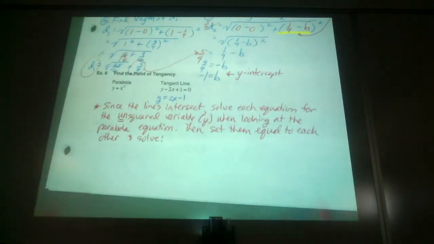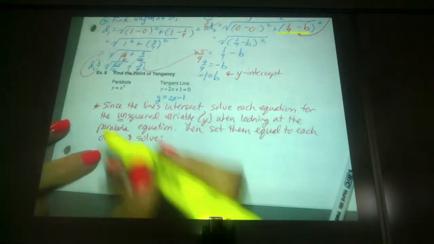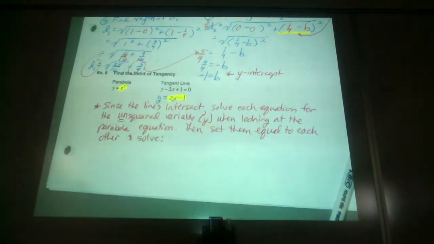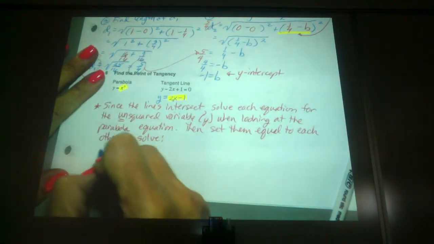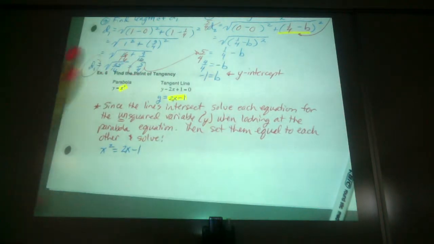We've already essentially solved this one for y. So if they have a point in common, this value and this value must also be equal, if their y's are equal. So we're going to have x squared equals 2x minus 1. How do you solve something like that?